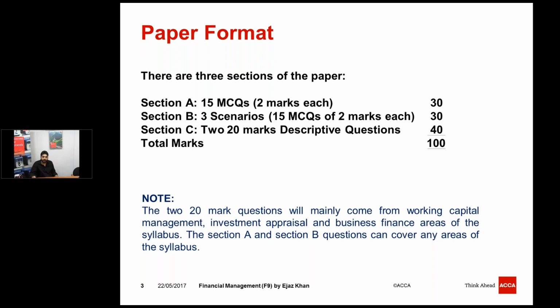Section A, which will have 15 multiple choice questions of 2 marks each. Then there will be section B, which will have 3 scenario-based questions split into 5 MCQs each. There will be 15 total MCQs regarding these 3 scenarios.